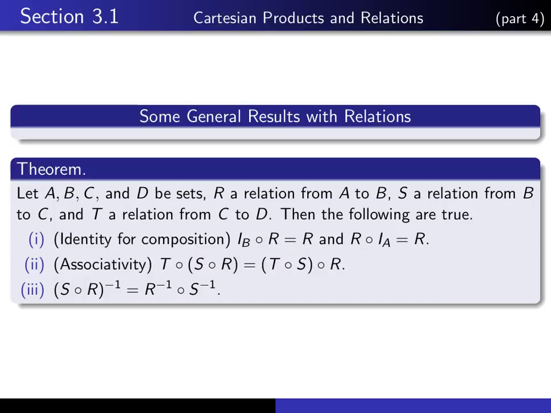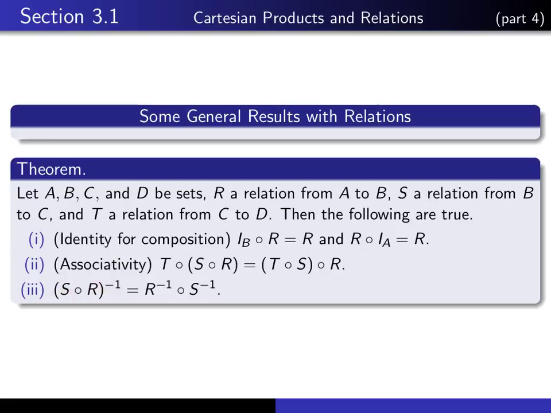And finally, this very, very important result, and you'll revisit this result in a lot of different disguises as you do more advanced courses. It says that if you compose R with S and then take the inverse, that's the same thing as first inverting S and composing it with the inverse of R. Let's just check that these are relations from the same set to the same set.